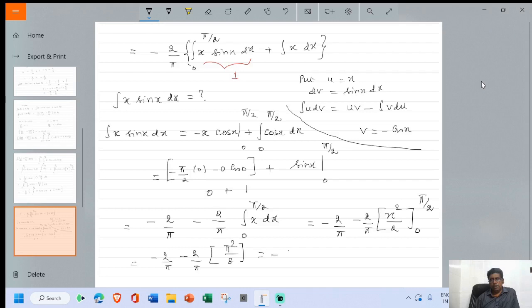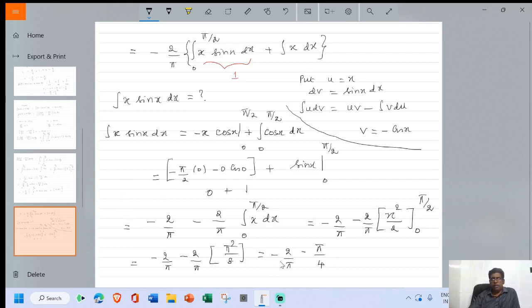This is equal to minus 2 by pi minus 2 divided by 8, that is 1 by 4, so minus pi by 4. So the answer is minus 2 by pi minus pi by 4.